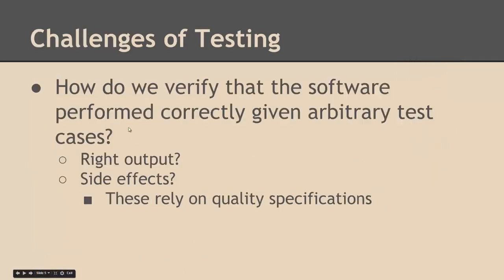So there are a lot of challenges to testing. How do you verify that software performed correctly given an arbitrary test case? Is it giving an integer output, or is it timing based, or is it graphical in nature?